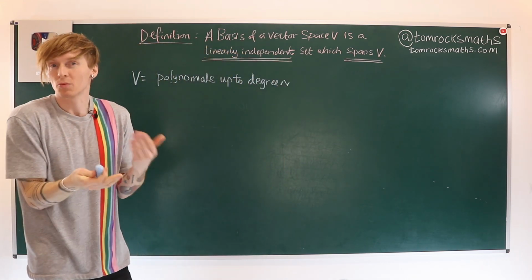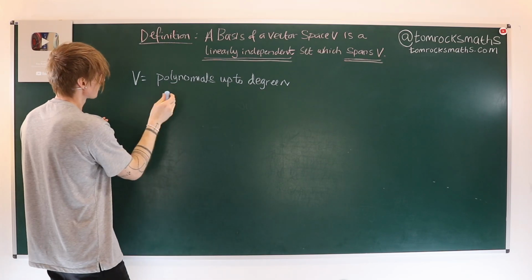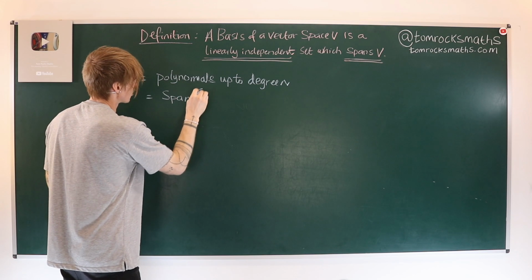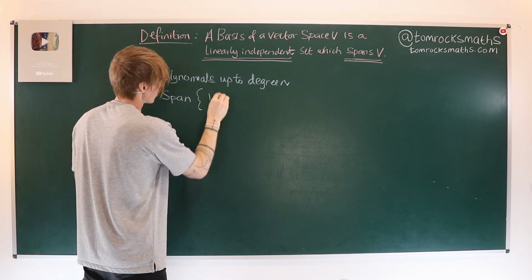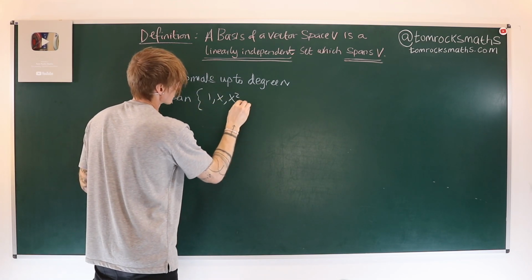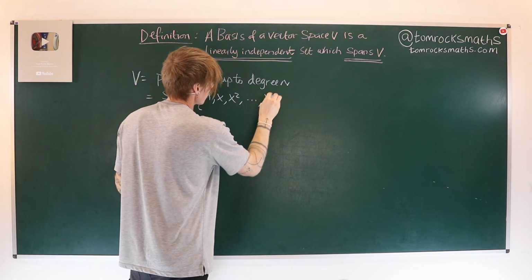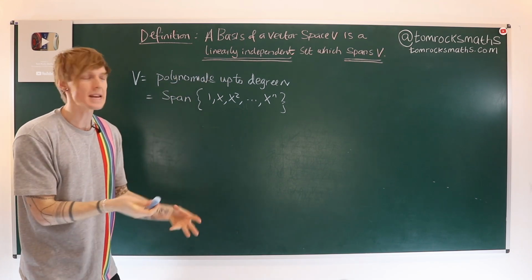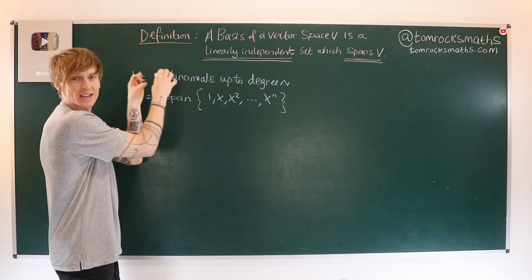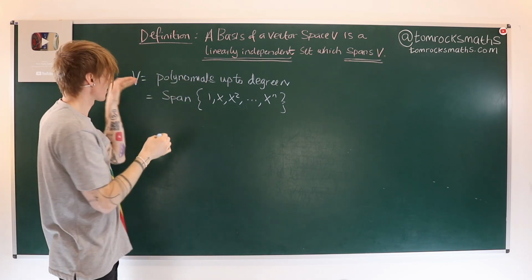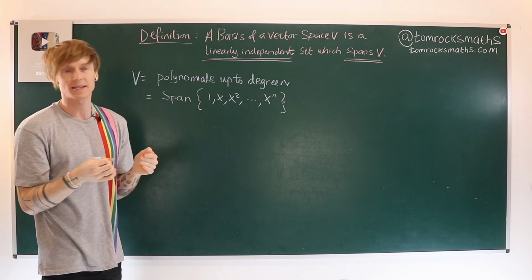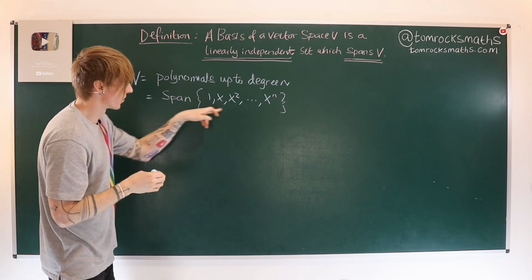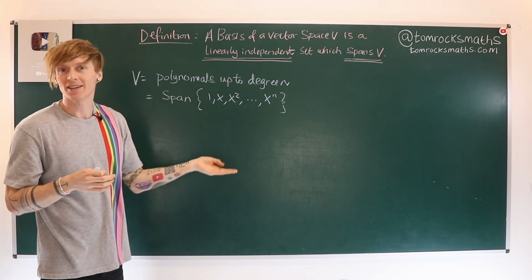And we just went through this example and said, well, this is in fact equal to the span of 1, x, x squared up to x to the n, because any member of this vector space, any vector in this vector space, is always a linear combination of these vectors.